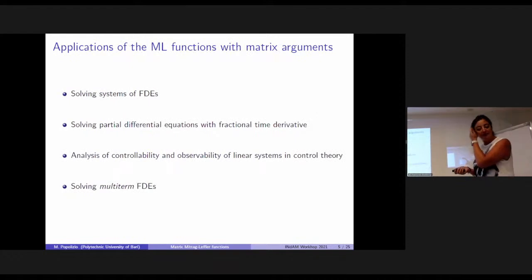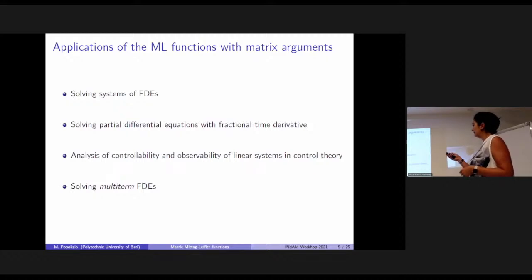So the interest in the Mittag-Leffler function evaluated in matrix arguments is related to these systems of FDEs, but it is also important when solving partial differential equations in which we have fractional time derivative but ordinary space derivatives. If, for example, we apply the method of lines, we may first discretize with respect to the space variables, and so we reduce the problem to a system of FDEs. And so, as before, we need to compute this Mittag-Leffler function in the coefficient matrix.